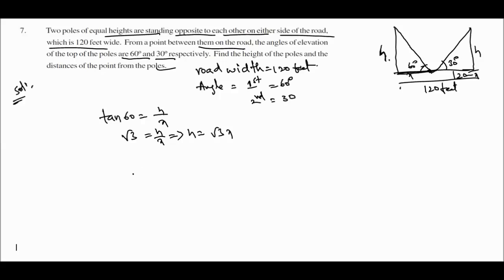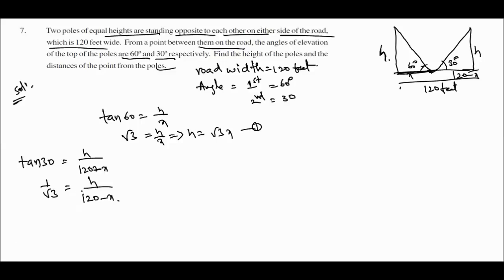This is the first one. The second one, tan 30 is equal to h by 120 minus x, because this is the opposite and this is the adjacent. So 1 by root 3 is equal to h by 120 minus x.